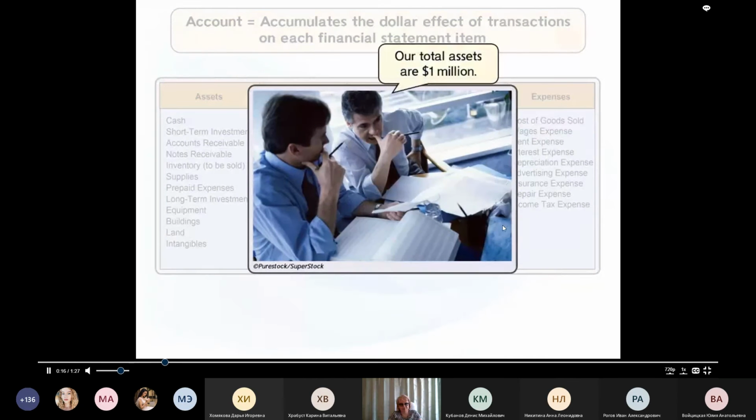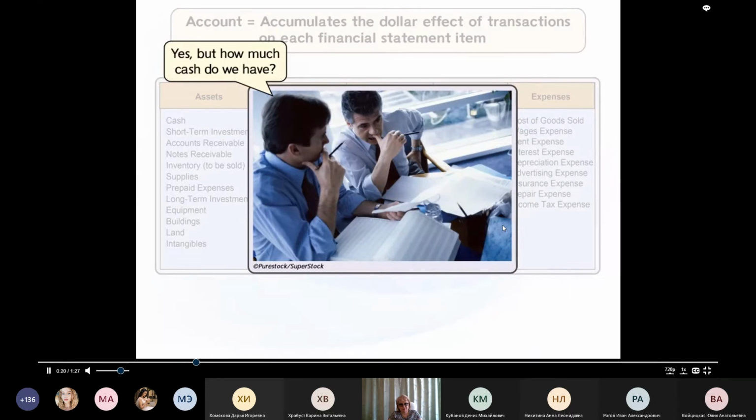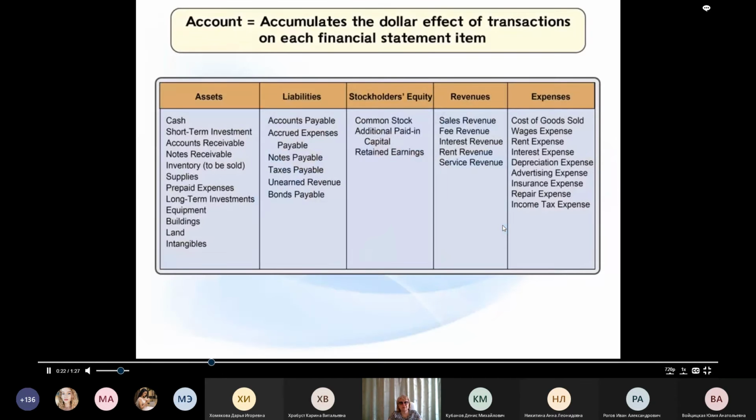Knowing the amount of total assets owned by a company is important, but management must keep track of individual assets. For example, most companies set up separate accounts for cash to make sure enough is on hand to pay bills, accounts receivable to keep track of what is owed by customers, and supplies to know when to reorder. As the company grows and acquires additional assets, additional accounts are set up for those assets.